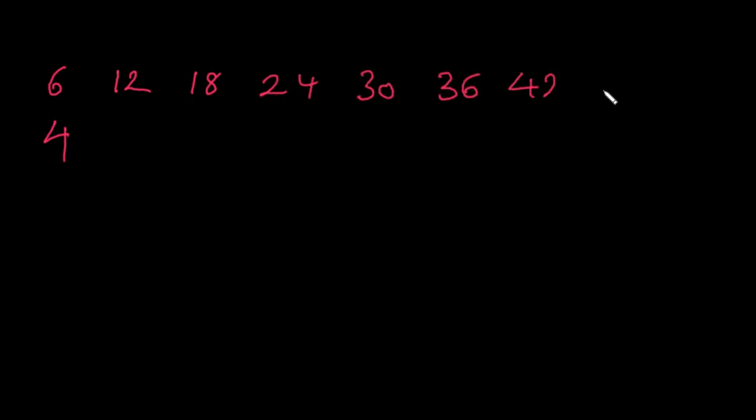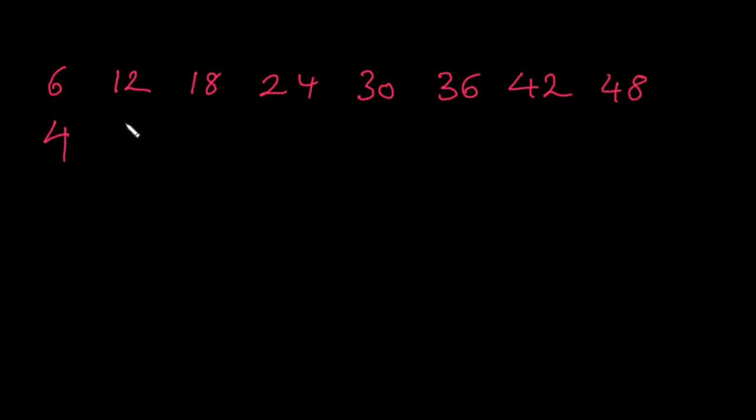So say we wanted to find the lowest common multiple of 6 and 4. So I'm going to name the multiples of 6 and 4 going from left to right. So we have 6, 12, 18, 24, 30, 36, 42, and 48. We'll go up to 48.